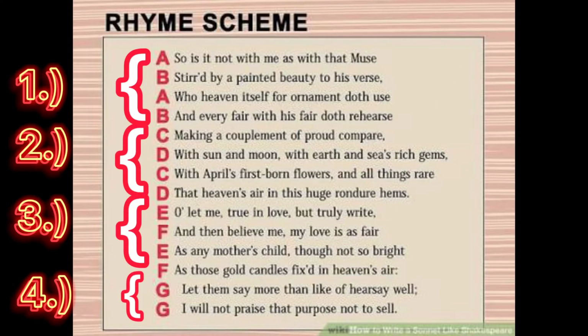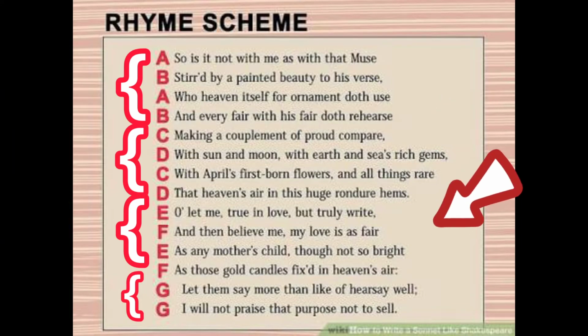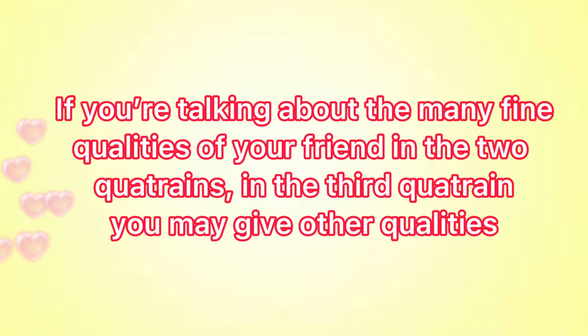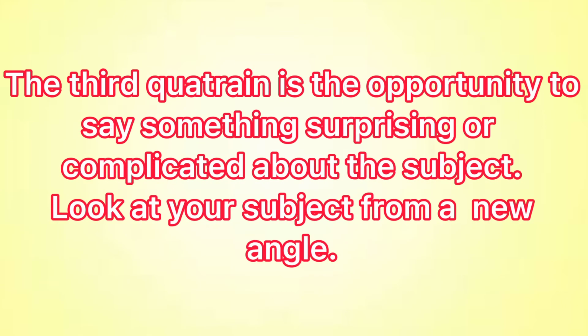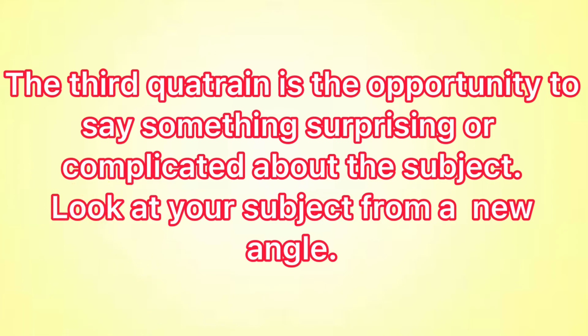You praise the subject of your poem for the first 8 lines. But the third quatrain should have a shift in the tone or perspective. If you're talking about the many fine qualities of your friend in the 2 quatrains, in the third quatrain, you may give other qualities. The third quatrain is the opportunity to say something surprising or complicated about the subject. Look at your subject from a new angle.